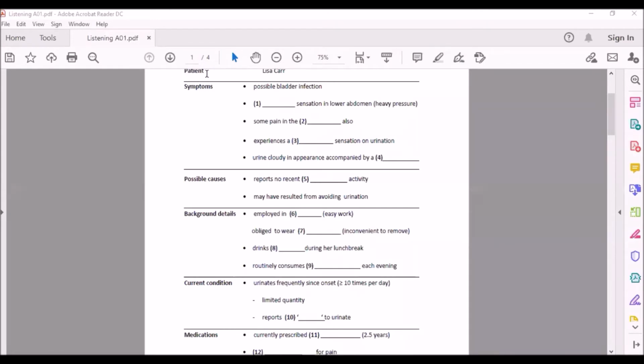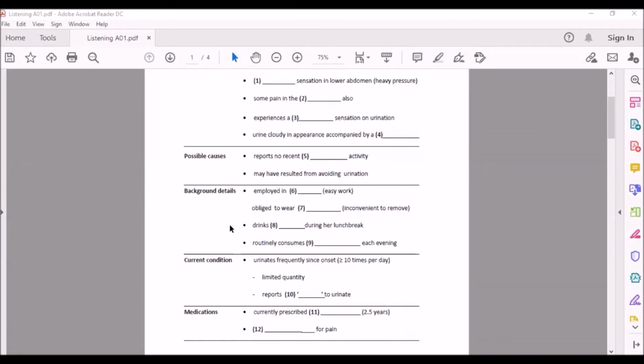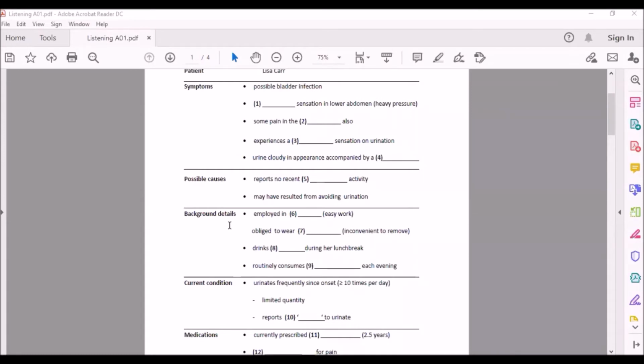Everything that is in bold, you start with these: patient, symptoms, possible causes, background details, current condition, and medications. So that's the first thing you need. Why do you think you need to start by reading this part? So you don't focus on this part at first, you only focus on this part here. Why?